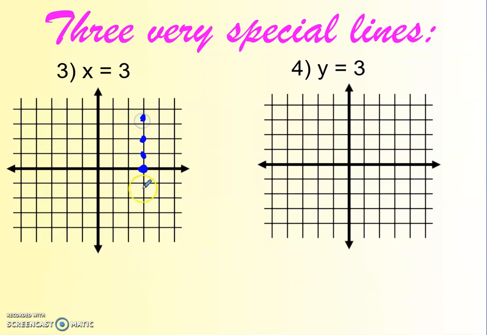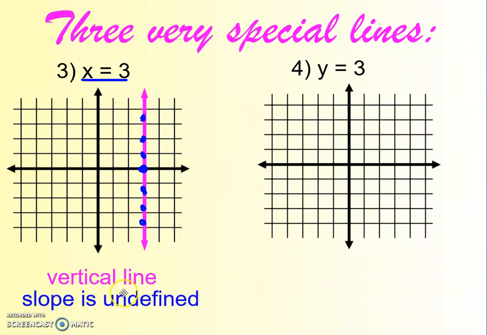All I care about in this equation is the x value has to be 3. Doesn't matter what y is. X has to be 3. And in this case, if we plot all those points, we get that vertical line. This is a vertical line. And you may remember from algebra, this is a very special slope. The slope is undefined.